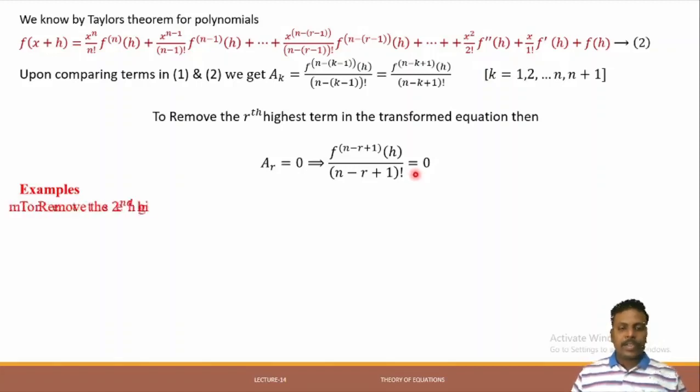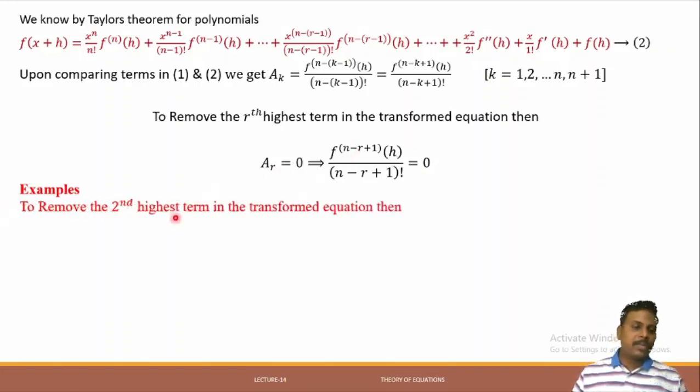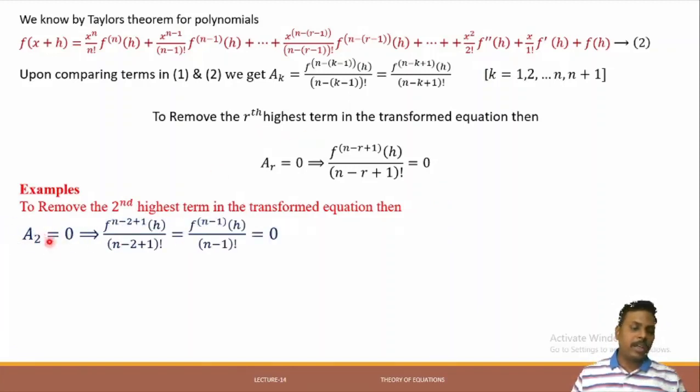Examples. Let us try to understand this through examples. To remove the second highest term in the transformed equation, r is equal to 2 here. So a2 is equal to 0.